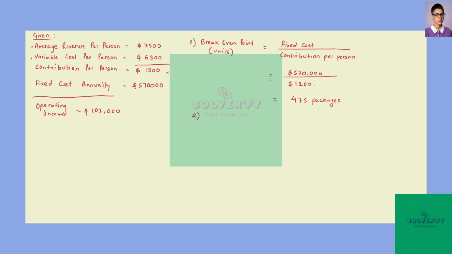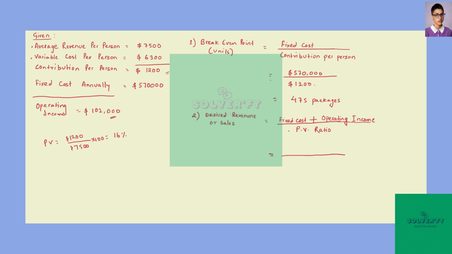For it, the formula for the desired sales required to earn the operating income will be fixed cost plus operating income divided by PV ratio. Now we can easily find out the PV ratio. PV ratio is contribution per unit, that is $1,200 upon average revenue per person $7,500 into 100. This will give us 16%. So the PV ratio is 16%.